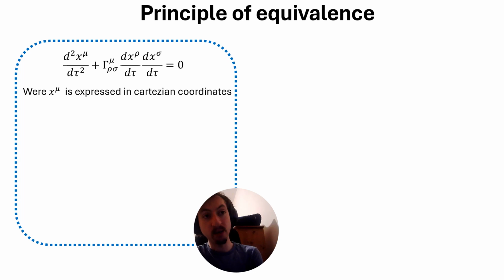So our geodesic equation is a tensorial equation, and consequently, although I'm going to dissect our equation using a Cartesian coordinate system, the physics will apply whatever coordinate system we picked, which is an important thing to emphasise.